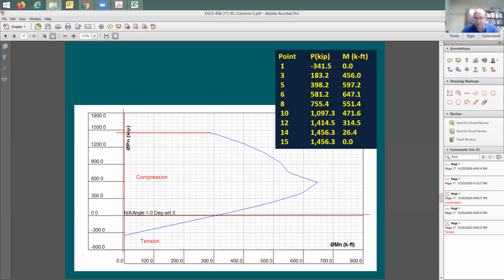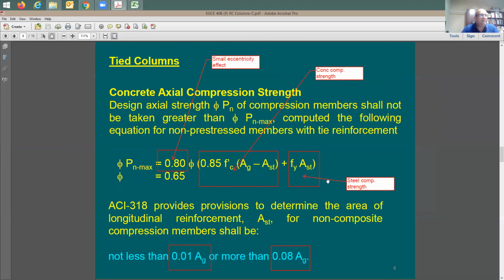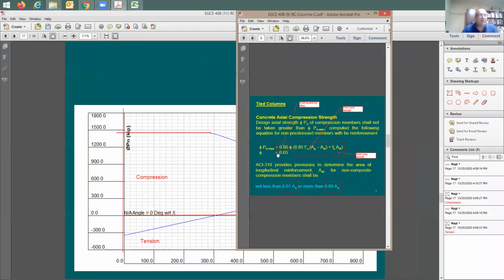I'm just going to put it there for quick reference, so that we don't forget what we're talking about. I'm talking about this very simple equation. This equation is taken from slide set number 9, page number 8. This is the very simple equation that we're used to for only axial compression, which means you're going to have 0 moment acting on the column.